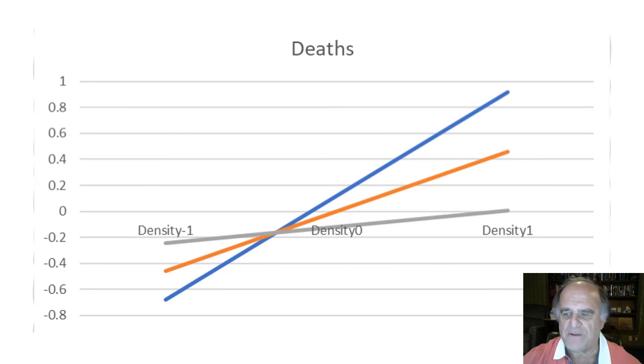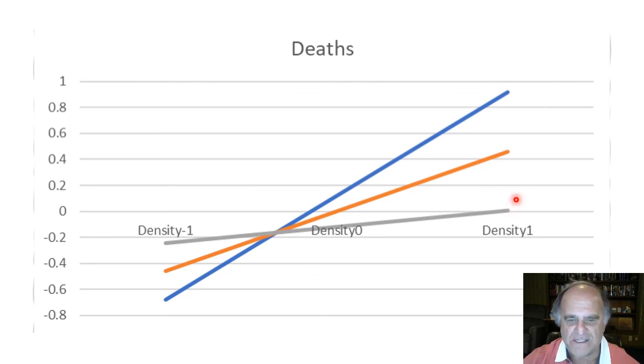Now, depending upon your theory and your interest, you could always change this around and plot it the other way. And if we change it around, we can see that the effect of temperature changes depending upon the density. Actually, now here, we do have our X type of interaction, a disordinal interaction.